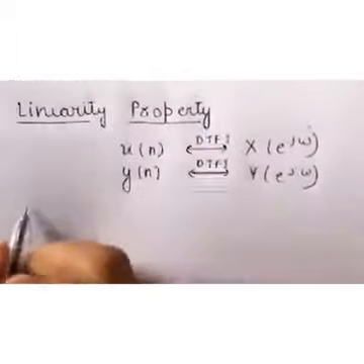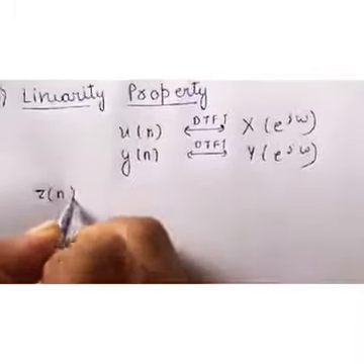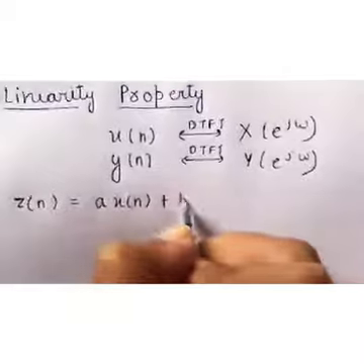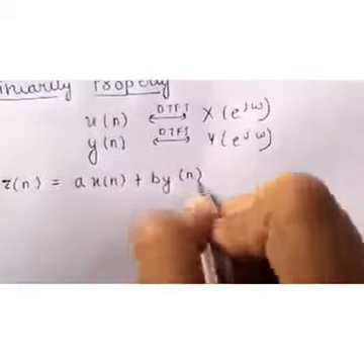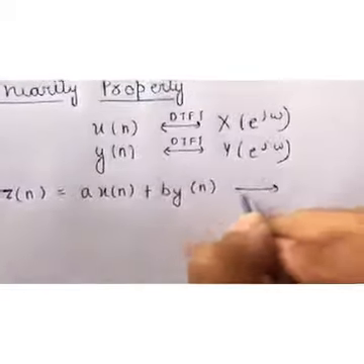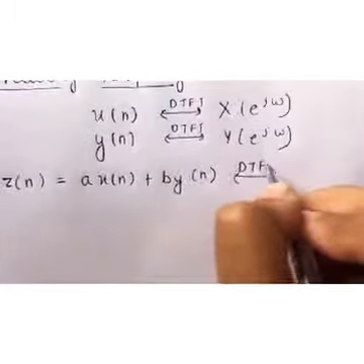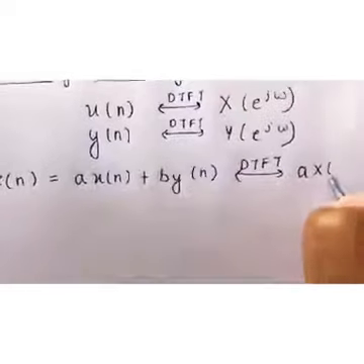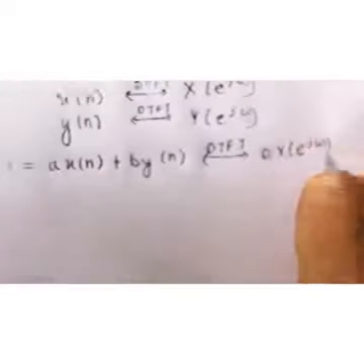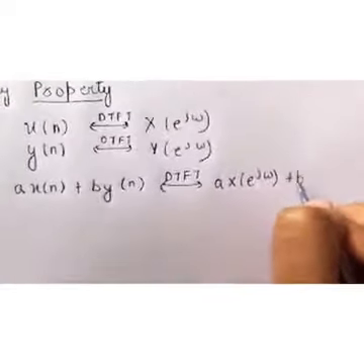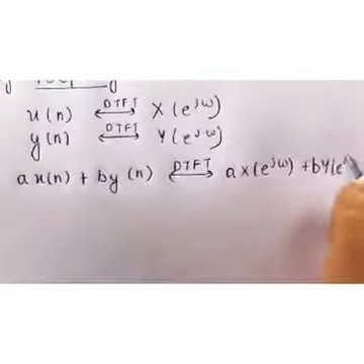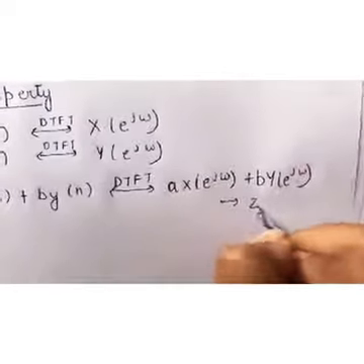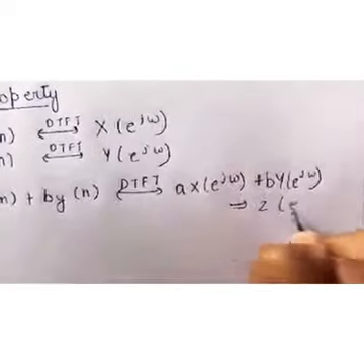That means z of n is equal to a x of n plus b y of n, and its DTFT is the output Z of e^j omega.